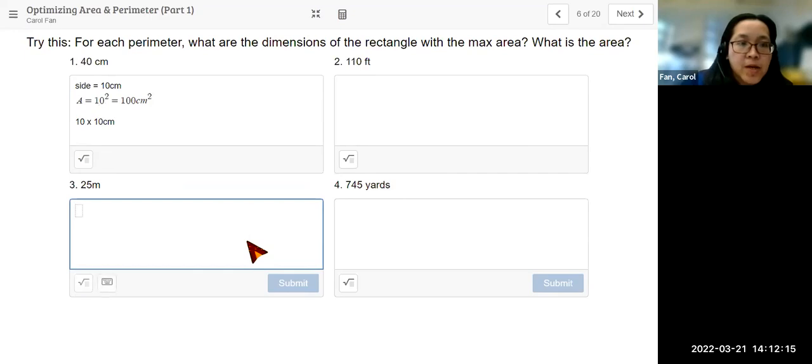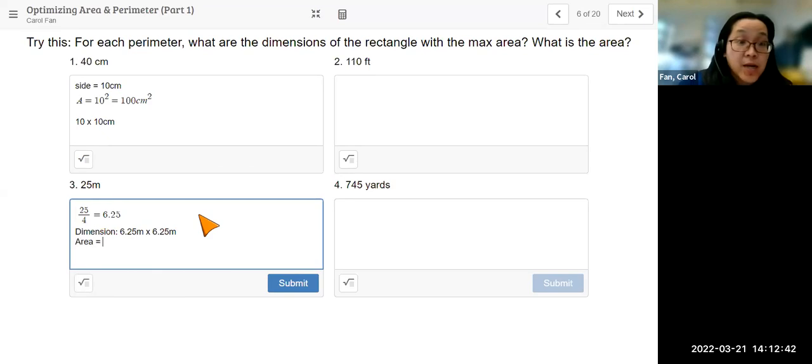Our second one, 25 divided by 4. That gives us 6.25. The dimension is 6.25 by 6.25.